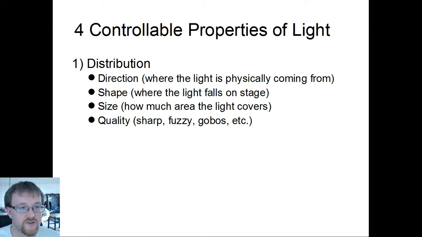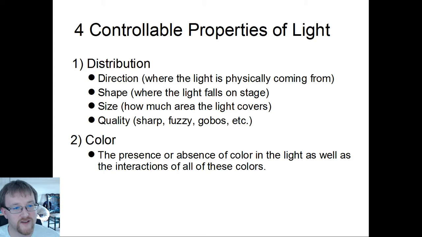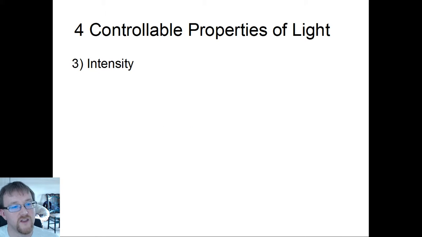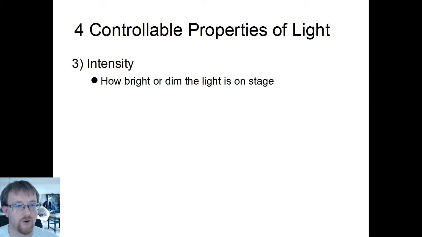The second controllable property is color, which is either the presence or absence of color, and the interactions of those colors. The third one is intensity, which is how bright or how dim the light is on stage.